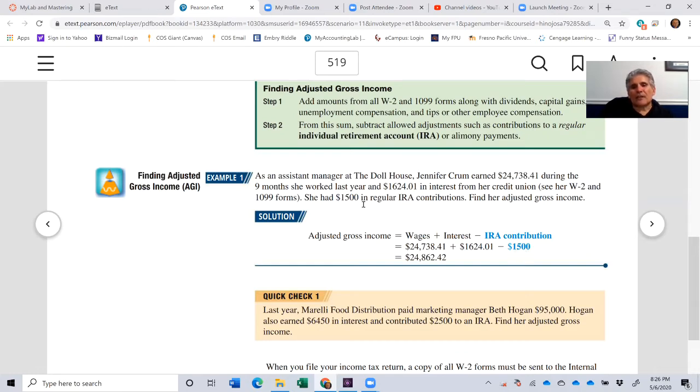So she had $1,500 in regular IRA contributions. That's $24,738.41 plus $1,624.01 minus the $1,500, which gives you $24,862.42. So her AGI, her adjusted gross income, is $24,862.42.